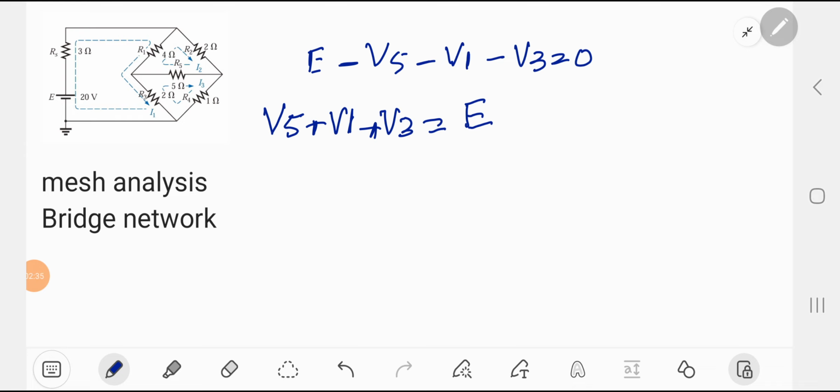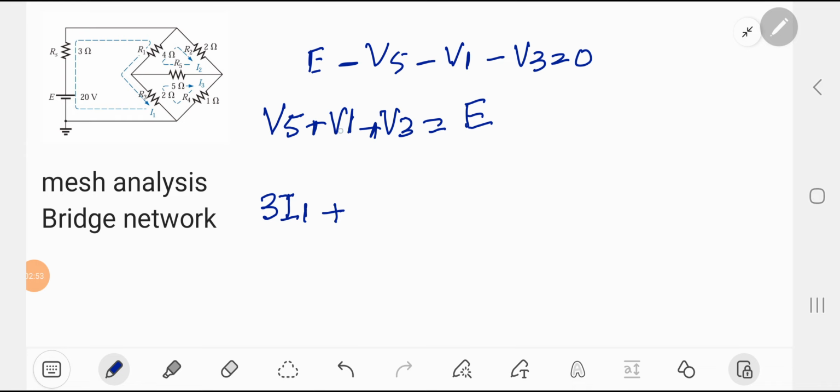Now putting the values in this equation: V5 is 3 ohm and the current associated with this resistor is I1.